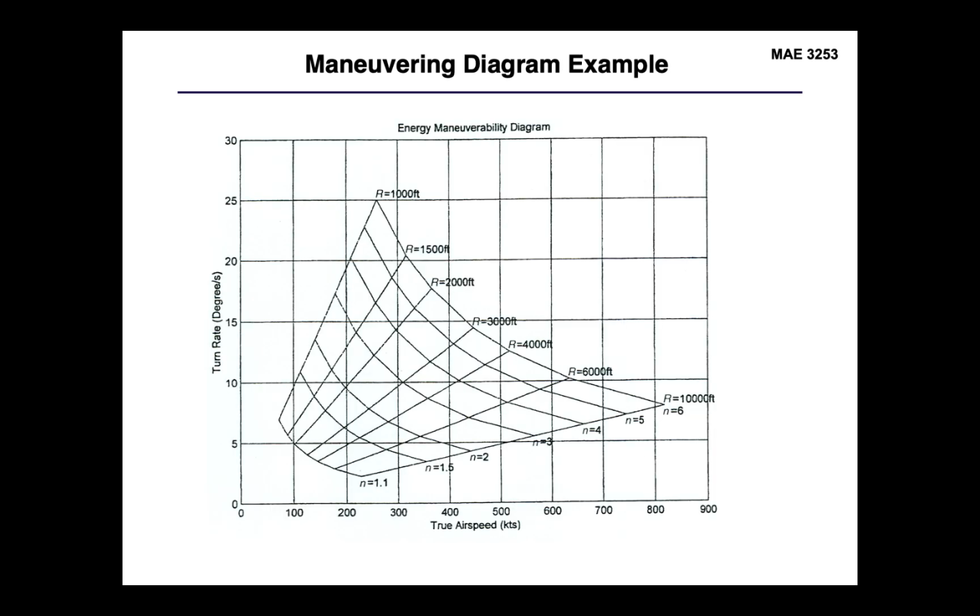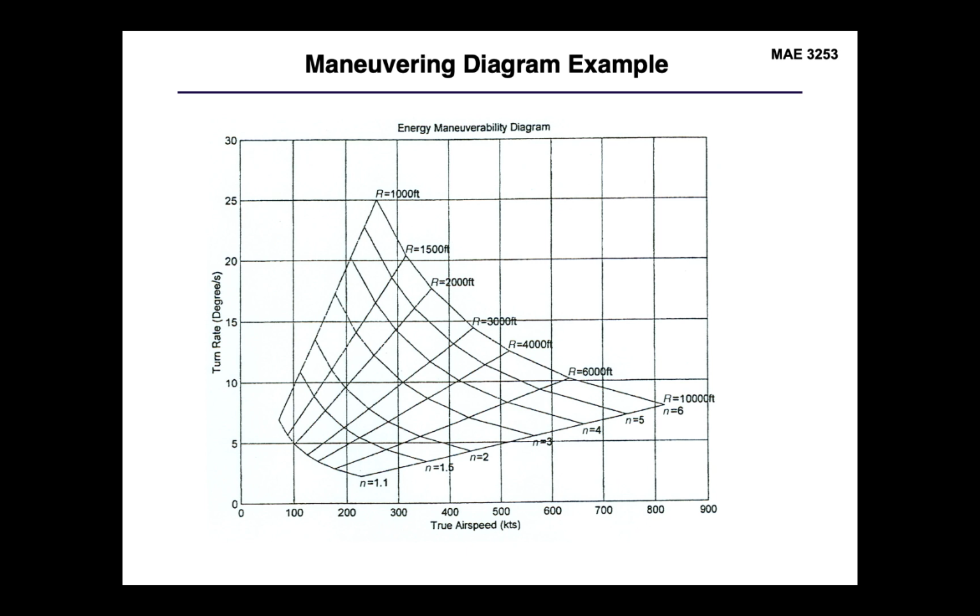This allows you to generate what we call maneuvering contour plots or carpet plots for your aircraft that tell you, for any given velocity and any given load factor that you want to impart on your aircraft, assuming it's under the structural limits, what the specific radius, bank radius, and bank rate is going to be.